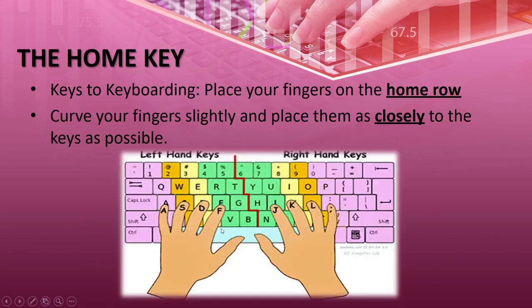See here, both hands indicate the keys. You can see here A, S, D, F: little finger, ring finger, middle finger and the index finger, and the thumb is always put on the space bar, just as I am showing here.